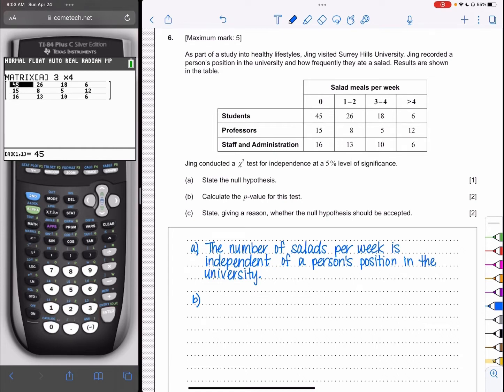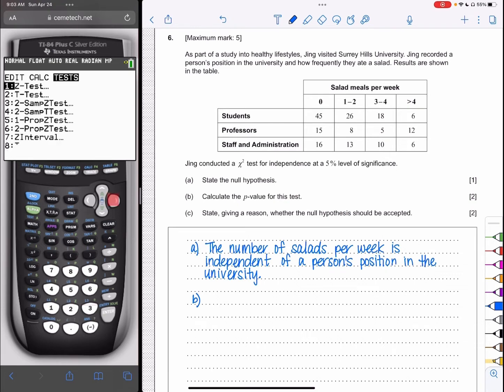All right, so now that I have all of my numbers here, I can go back. So I can press second quit. And then I'm going to go to stat, go over to test, and go down to chi-square test, because in the calculator, the test for independence is the regular chi-square test. So when I go to C, I press enter.